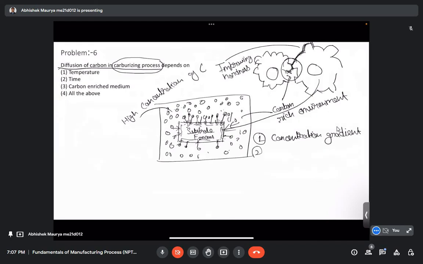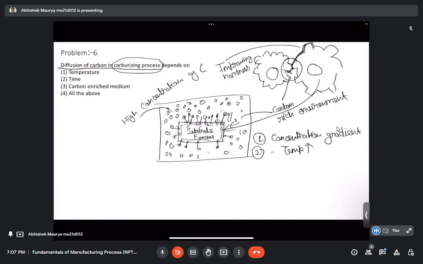After that, second step, we increase the temperature so that the diffusion process should start, so that atoms from the high concentration region are able to move to the substrate material or the surface of the substrate material.